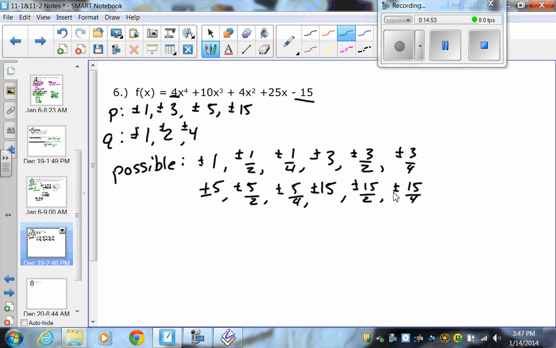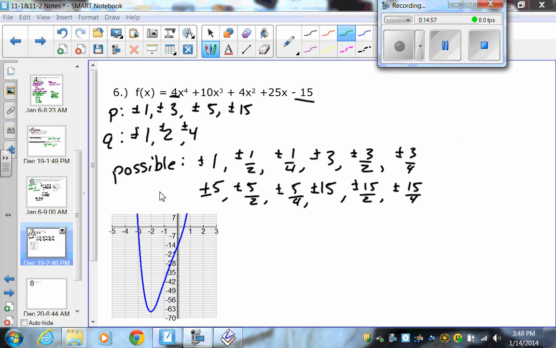Next, I'm going to graph the function. So when you graph your function, it'll look something like this. When I start calculating these zeros, the first one that I calculate would be this one right here, which is at -3. So I'm going to use synthetic division.